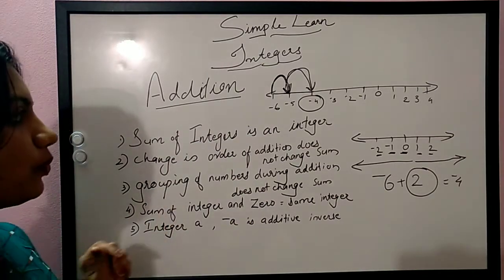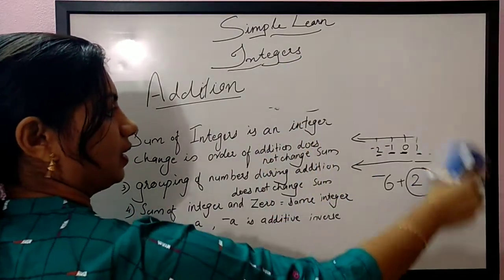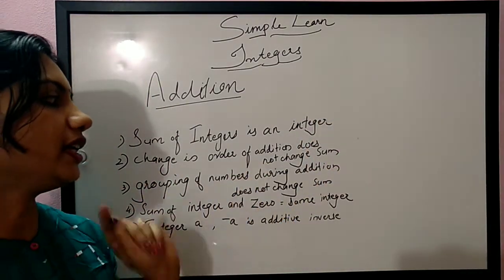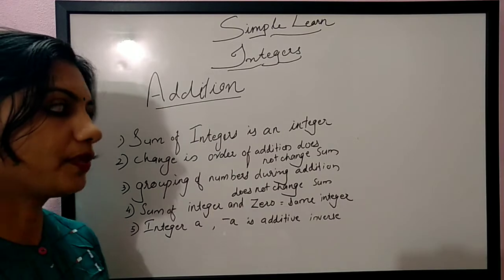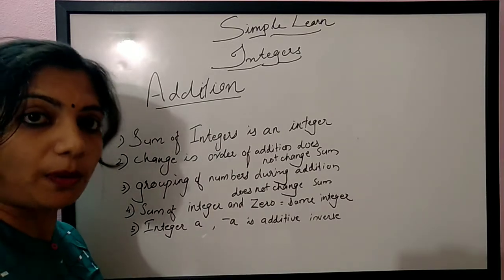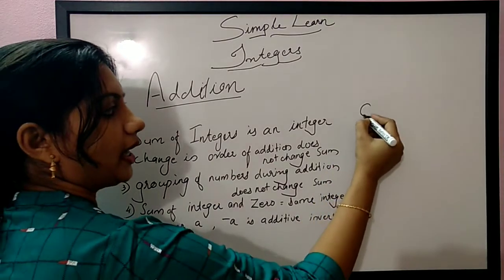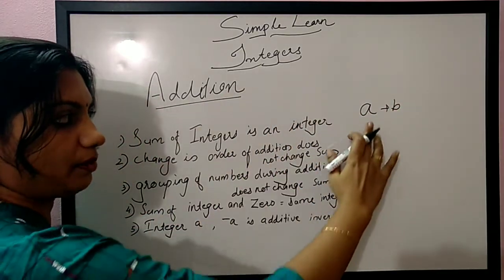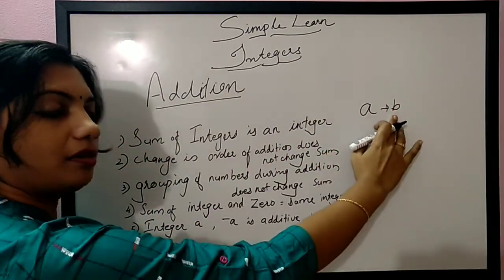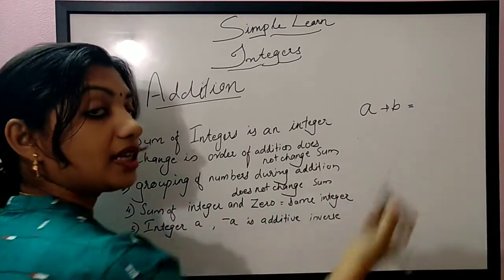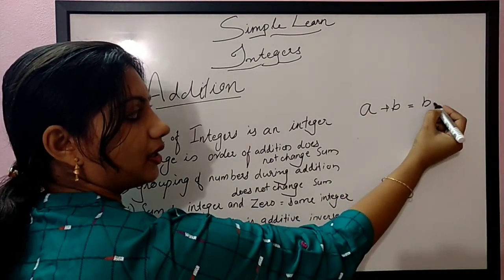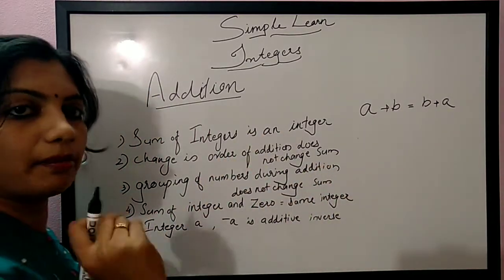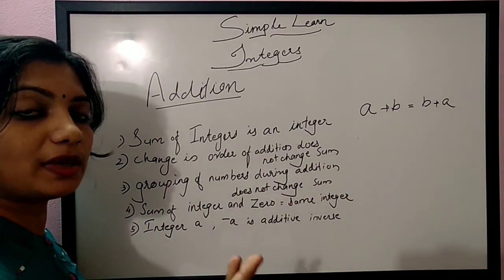Okay, let's move to the next one. So next one talks about change in order of addition does not change the sum. We have already learned so many properties of addition like A plus B. If you're adding two numbers, one number is A, another number is B, A plus B is equal to B plus A. You can change the order of the numbers, but the answer is going to be the same.